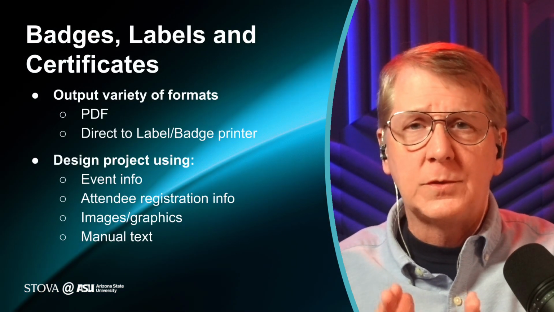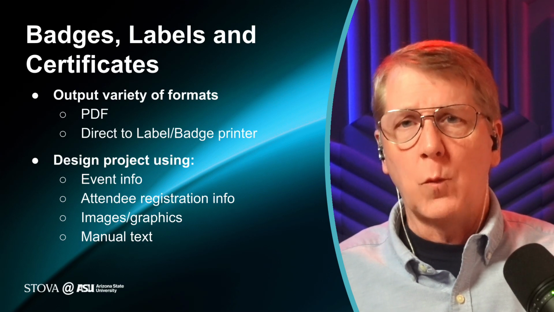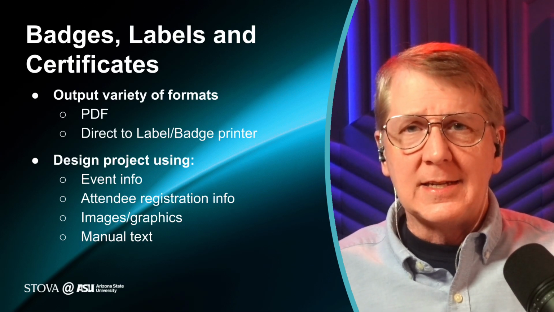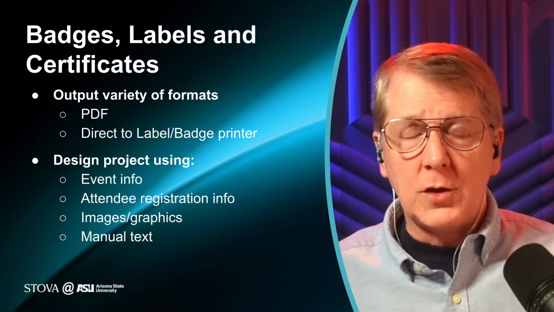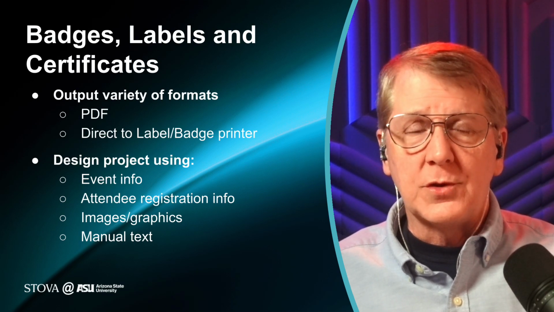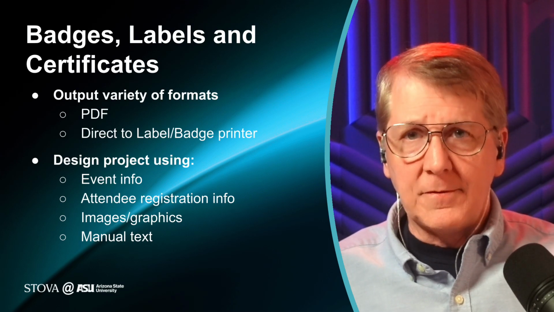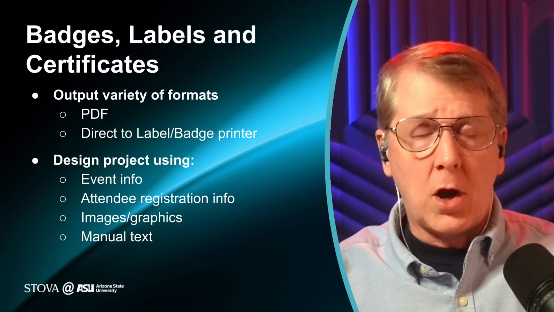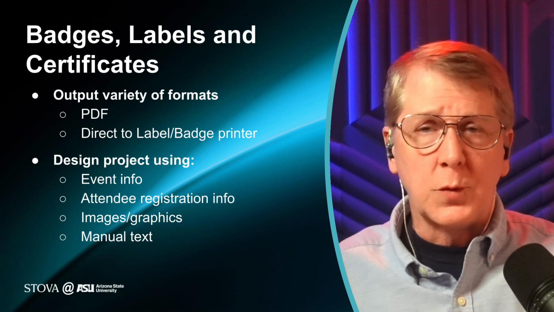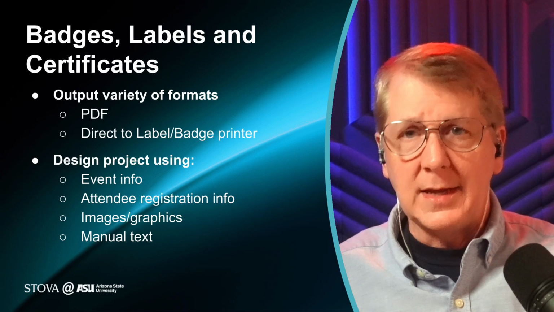Okay, so start with badges, labels, and certificates. The way the system works is that you design what the document is using that information in merge codes, and it will create for you a PDF, which then you can send to your office printer or perhaps to an outside printer to create whatever that document is.